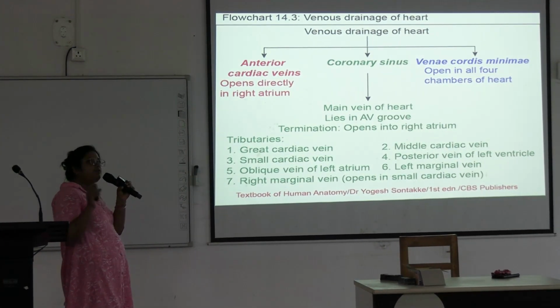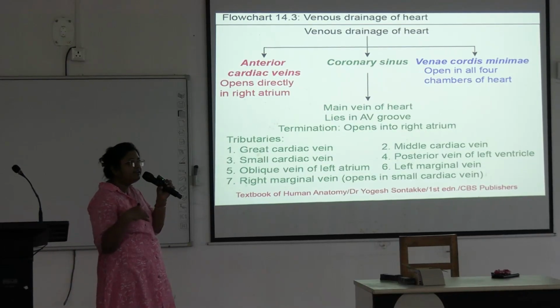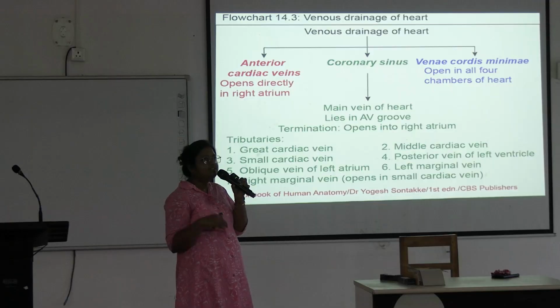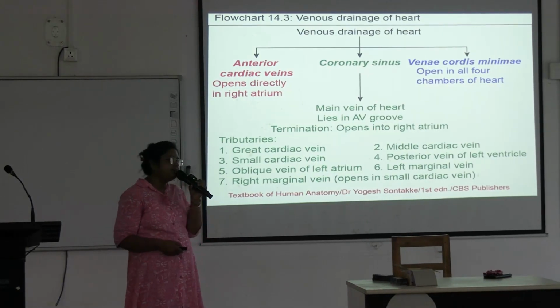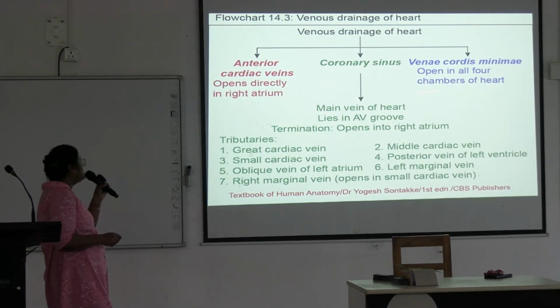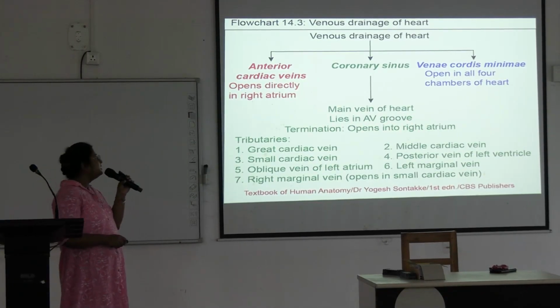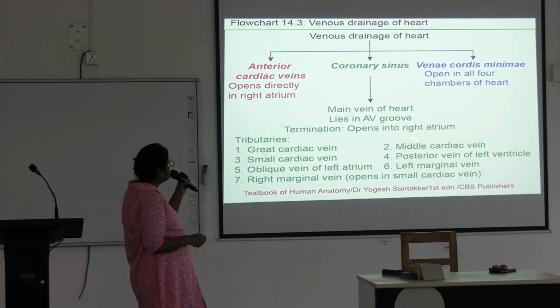We have read that 40% of venous blood directly drains into different chambers. 60% is drained through the coronary sinus. So coronary sinus is the main vein of the heart, lies in the atrioventricular groove, and terminates by opening into the right atrium.